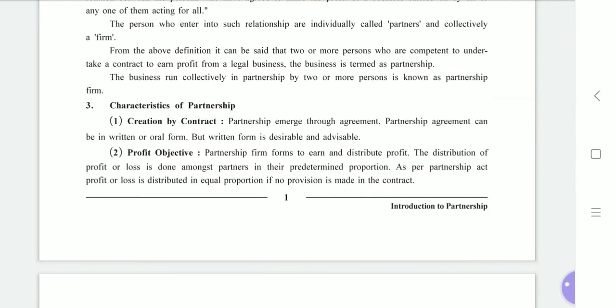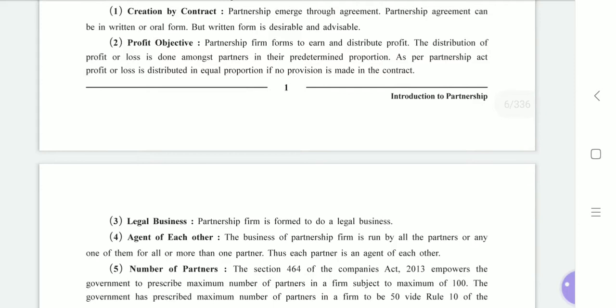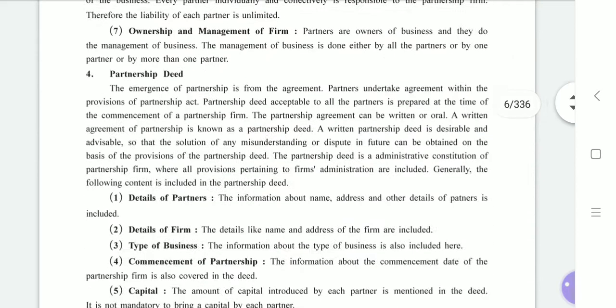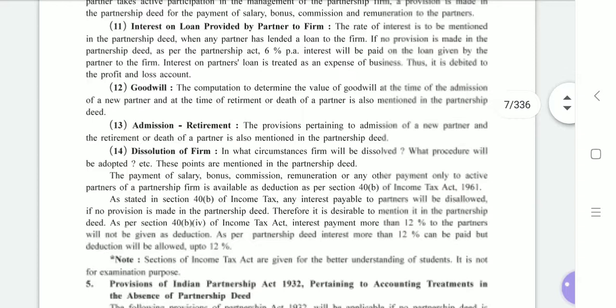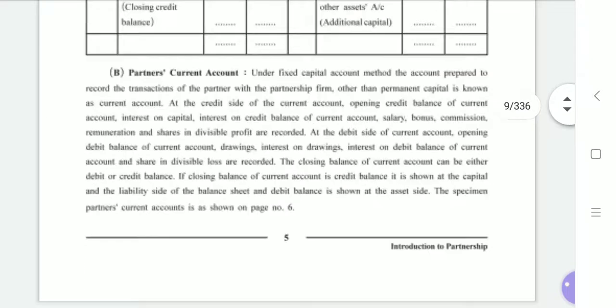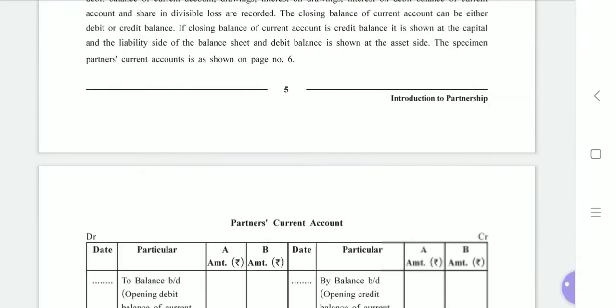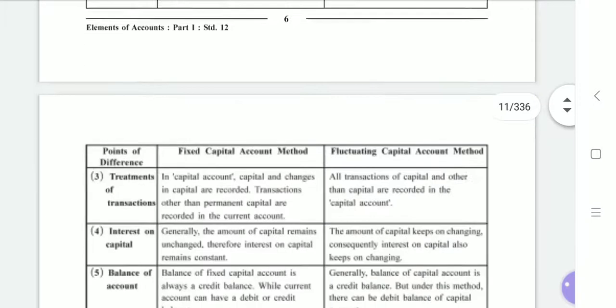This chapter explains about the characteristics of partnership, various provisions of partnership, how a partnership firm works, and what are its characteristics. It also consists of the types of partners' capital accounts, profit and loss appropriation account, which are the 2 additional accounts to the annual accounts of 11th Commerce.